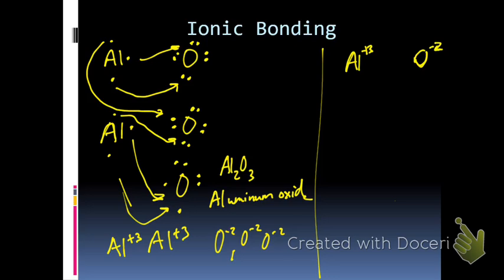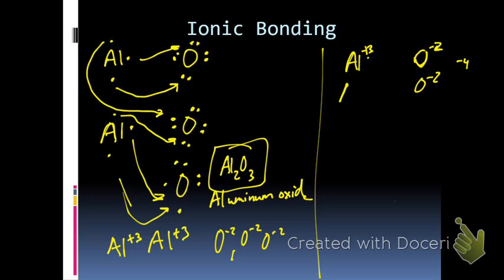And what you'll notice is when you put them together, they neutralize. So right now there's a +3 charge and a -2 charge, right? If we put these together at a 1-to-1 ratio, it would be an overall +1 because there's an extra plus charge compared to the negative charge. So if I add another oxygen, now I have a -4 to a +3.